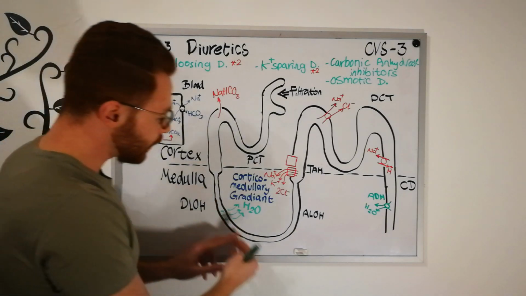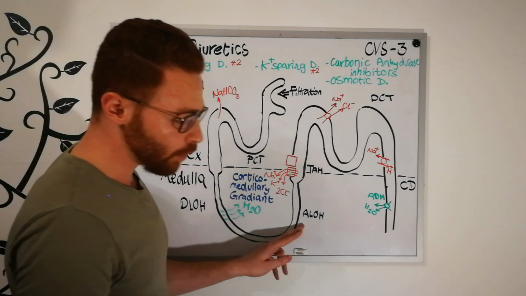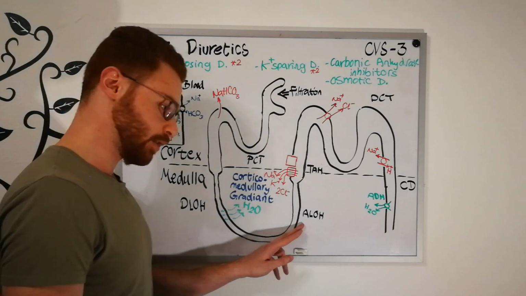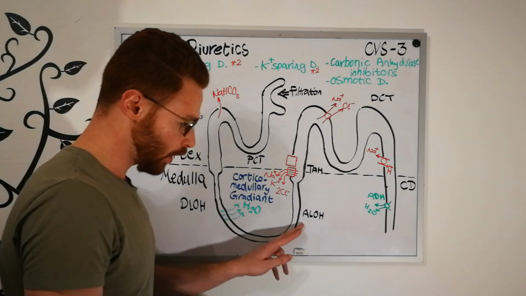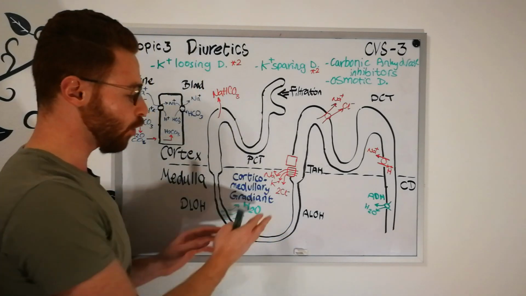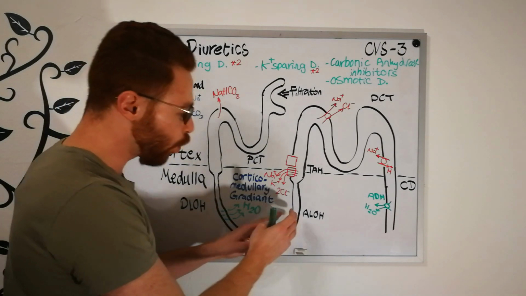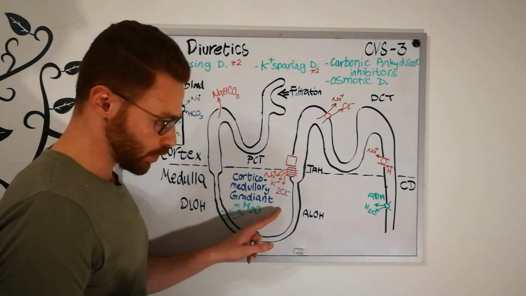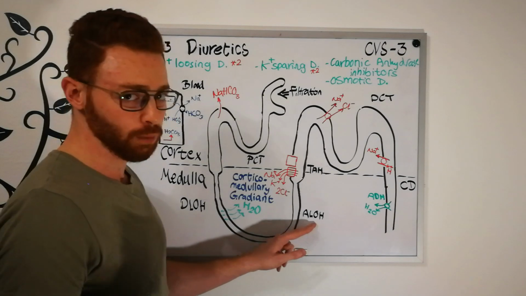Now, the ascending loop of Henle, on the other hand, isn't permeable to water. So it doesn't matter how much the osmotic pressure is here, water is not going to move across the wall of the ascending loop of Henle.